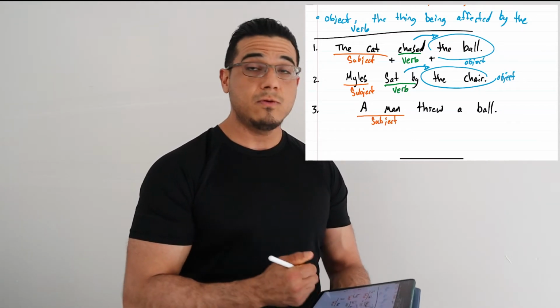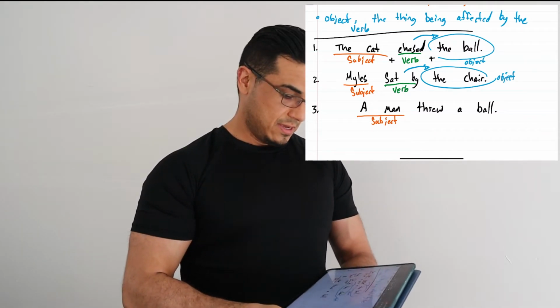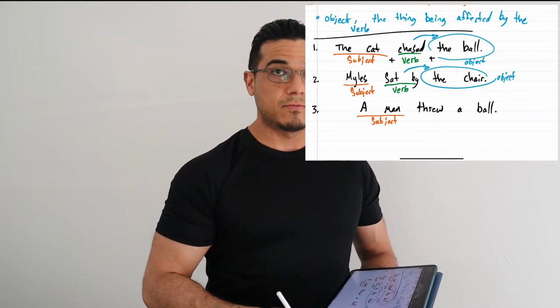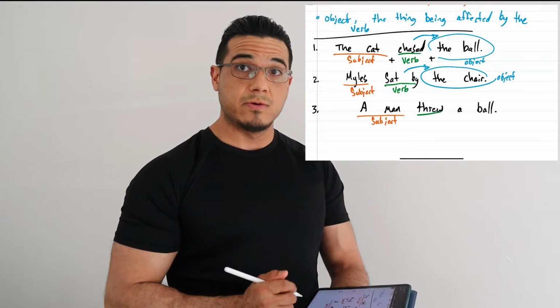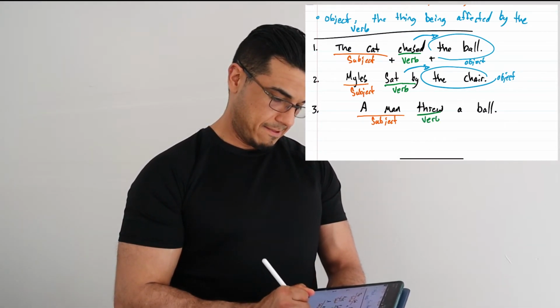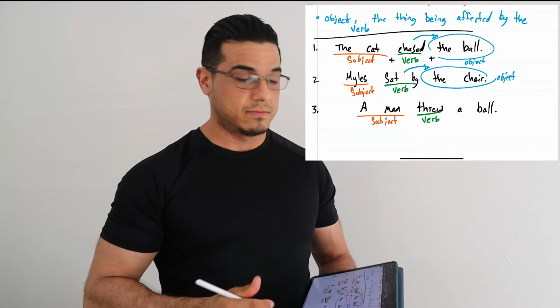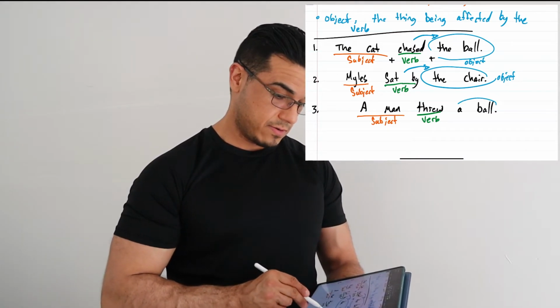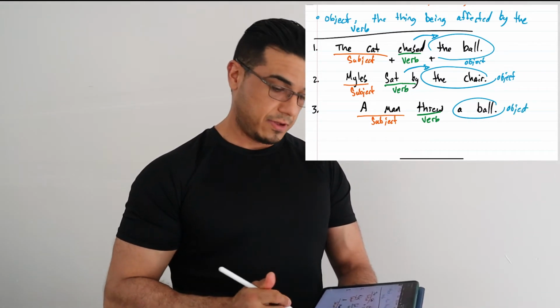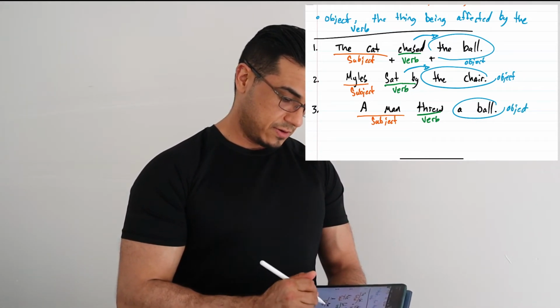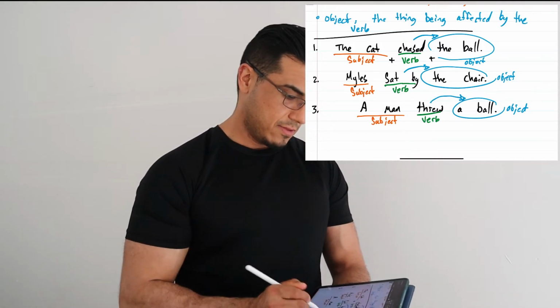This is exactly who we're referring to. What did this man do? Or what did a man do? Well, we know he threw, which is our verb. Well, what did he throw? Oh, well, the thing that was thrown is going to be the ball. A ball, which makes our object. So, threw, what did he throw? The ball.